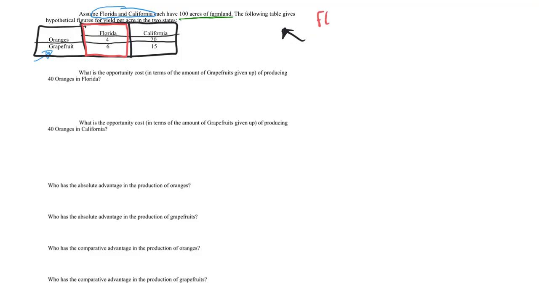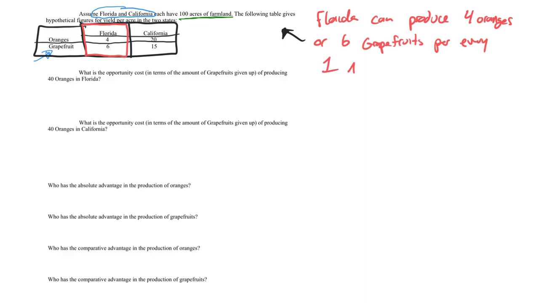This is telling us Florida can produce or create 4 oranges or 6 grapefruits per every 1 acre of farmland.